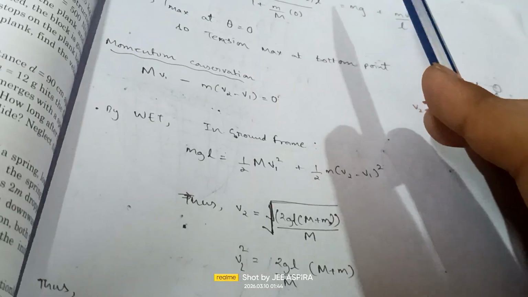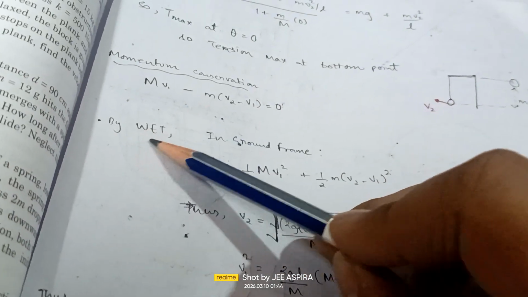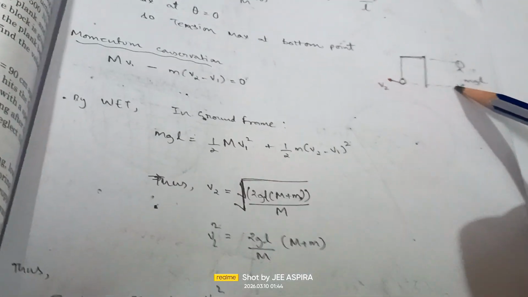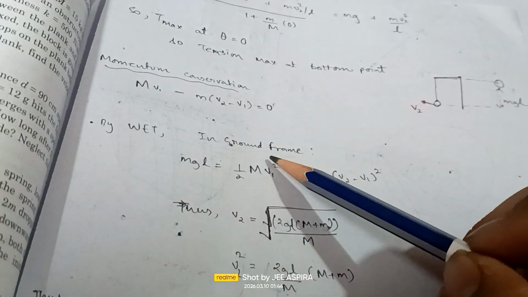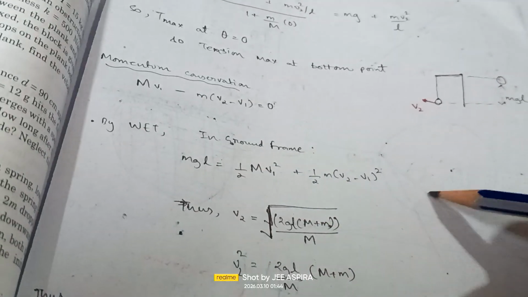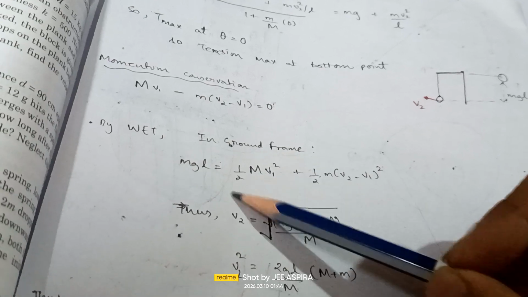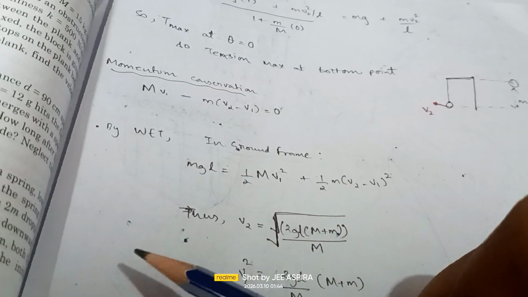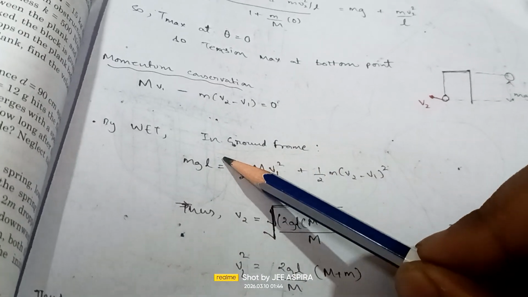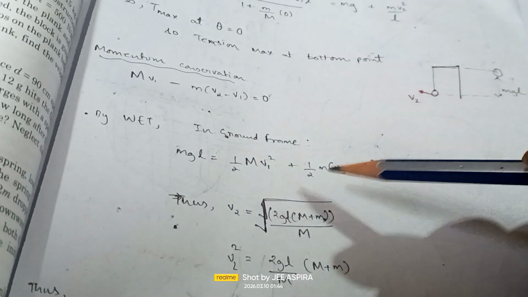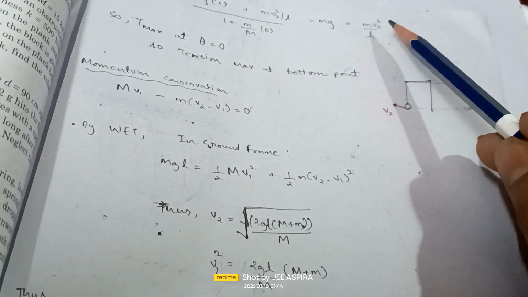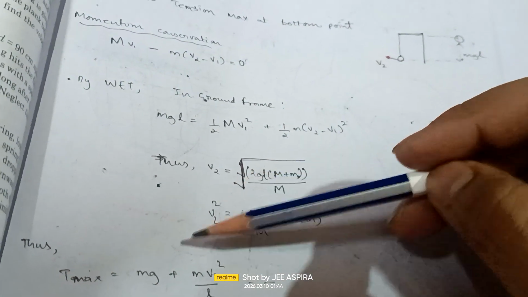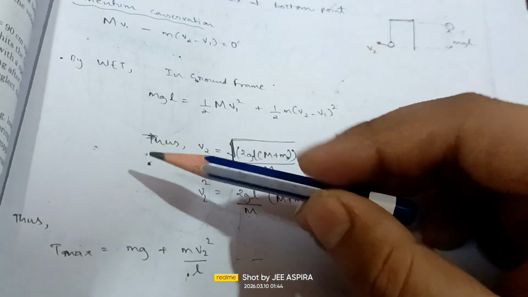And in the ground frame, by the work energy theorem, mgl is equal to the gain in kinetic energy of the block and the small mass. By solving these three equations, we get v2, and substituting in T max, we will get T.